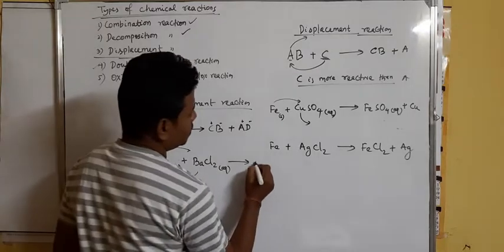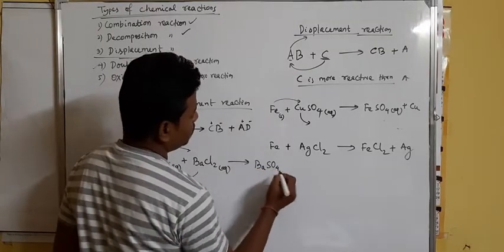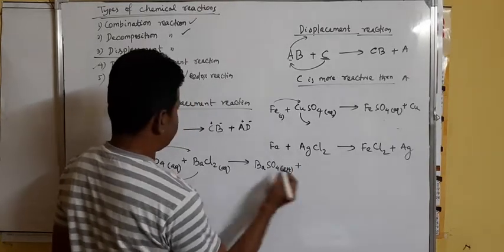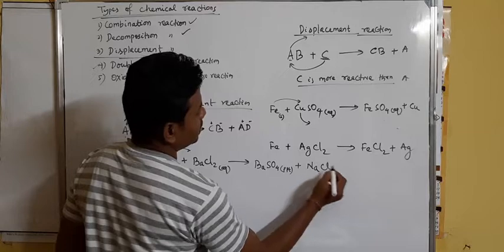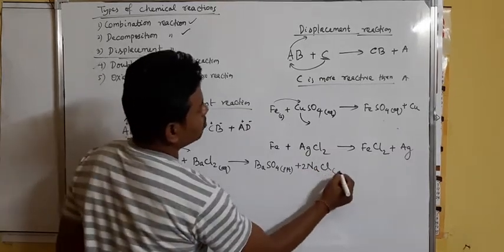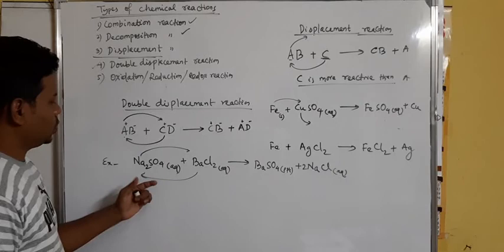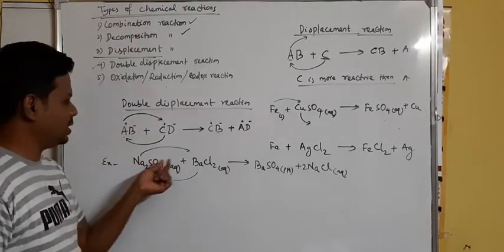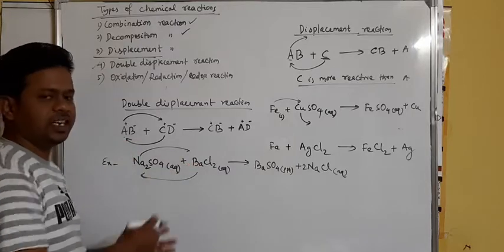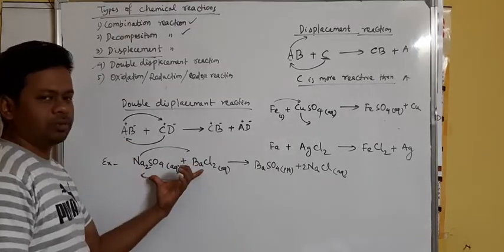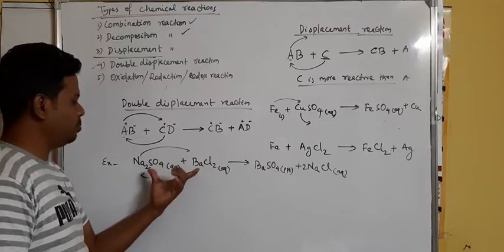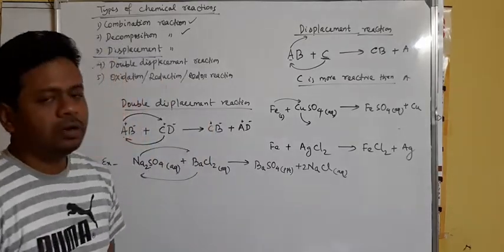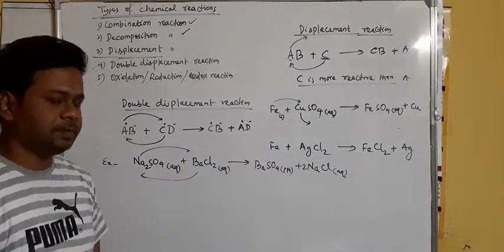So the product becomes BaSO4, which is actually a solid or PPT, plus NaCl, and in order to balance you have to multiply by 2. This reaction is a double displacement reaction because sodium ion and barium ion are exchanging between these two ionic compounds. They exchange their ions to form two new products. Hence, it is called a double displacement reaction.